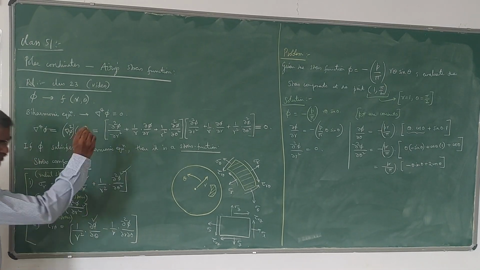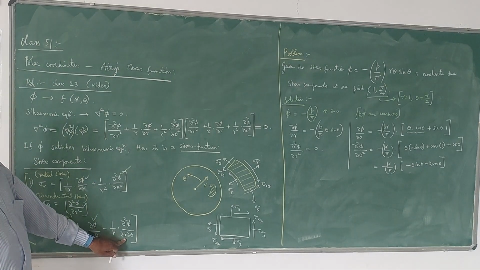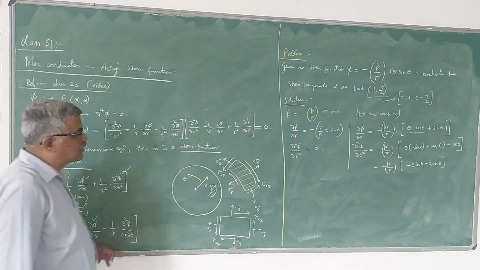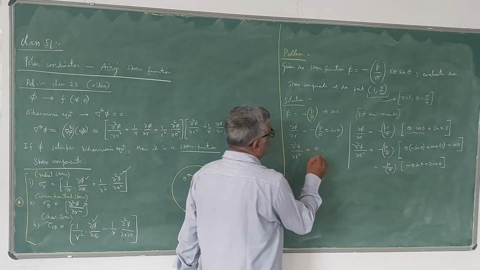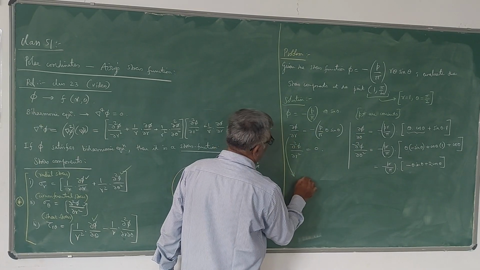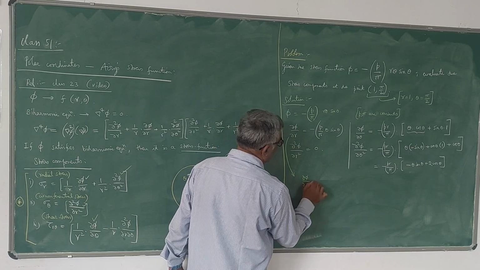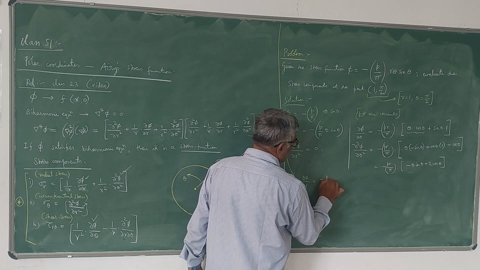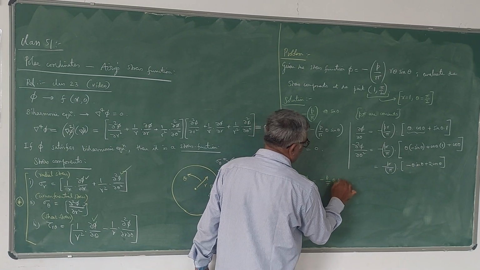Last one, ∂²φ/∂r∂θ. That can be obtained from this or from this. We have now ∂φ/∂r equal to minus P by pi theta sin theta.